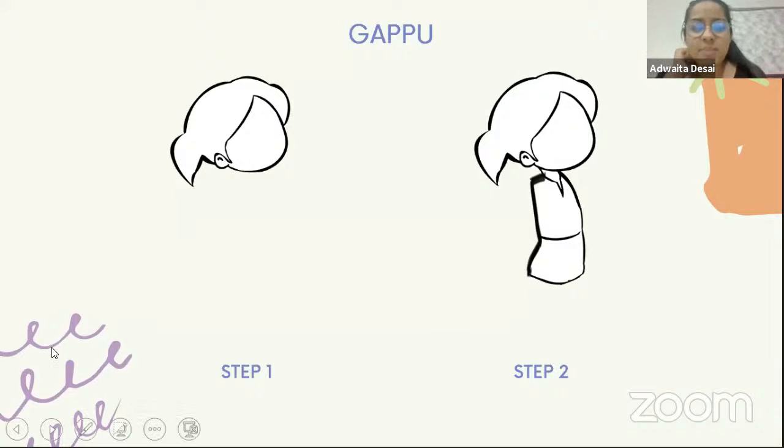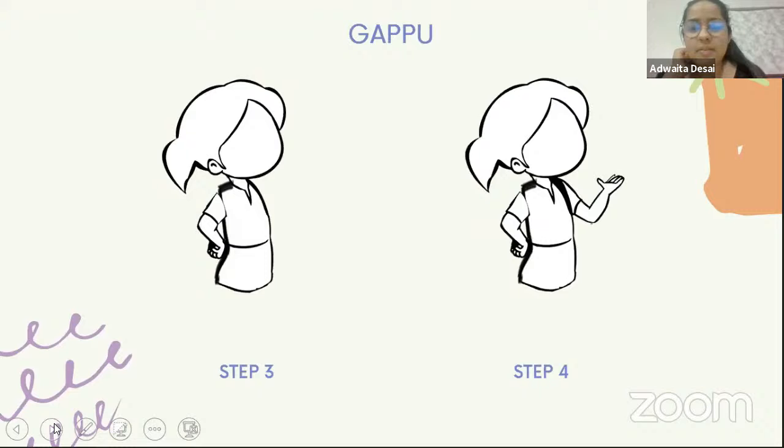Okay, let's go to step number 3. This page will also have step number 2 and 3 where we will be drawing both the hands for Gappu. First we will draw the left hand, then we will draw the right hand.